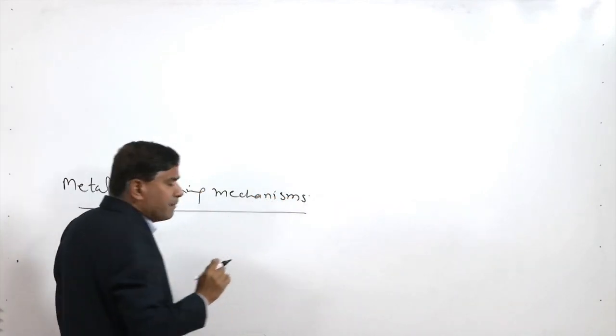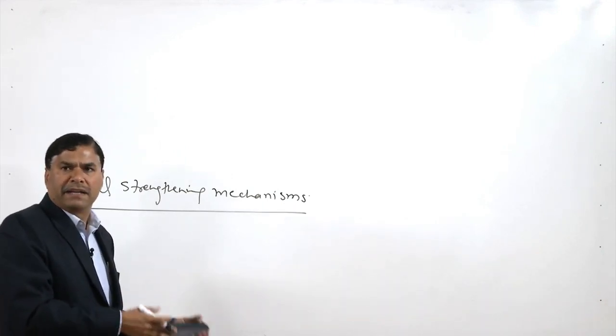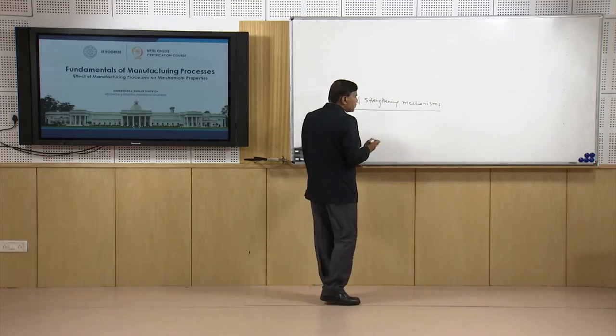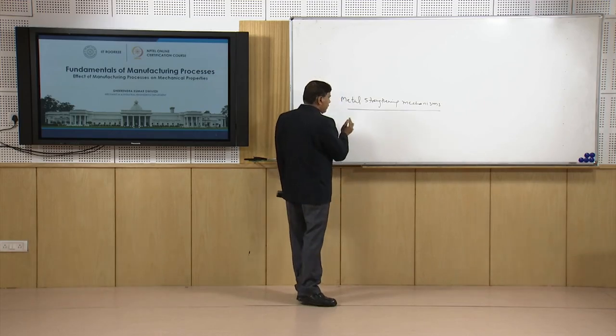There are 4 or 5 mechanisms which significantly affect the mechanical properties of the metals during the manufacturing, and those we will try to talk about. Just a brief overview of these mechanisms I will be giving.